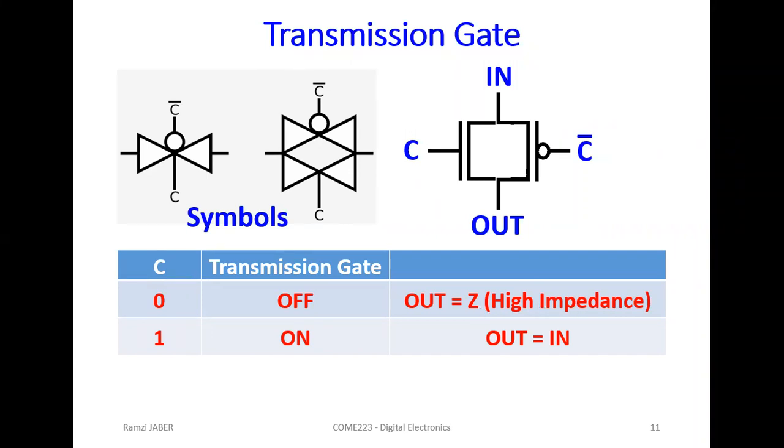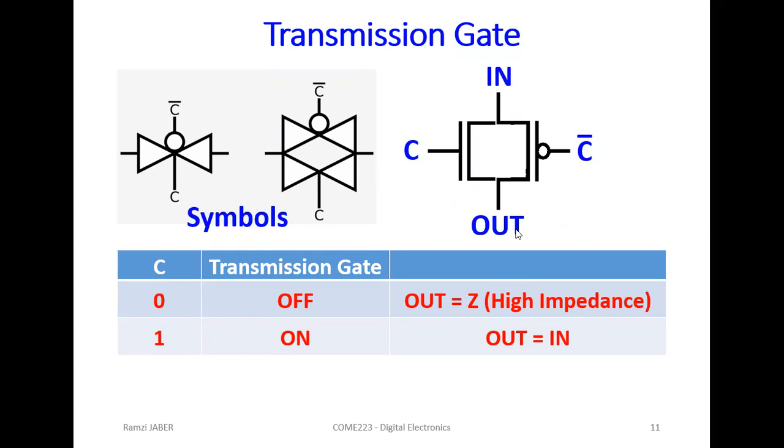High impedance is sometimes considered as 1 and sometimes considered as 0. So this state is called high impedance, or, sorry, we don't know, an unknown state. It's a wire in the air.